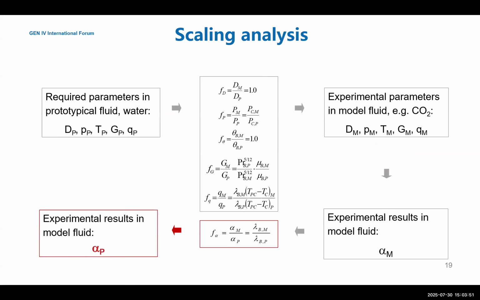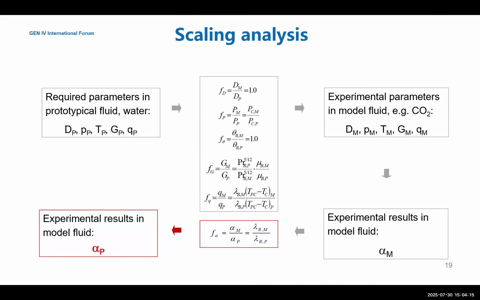We developed them here. You will see that for the required parameters in the prototype fluid, such as water, we can give the diameter, pressure, temperature, mass flux, and heat flux. And then we use the six dimensionless scaling parameters.